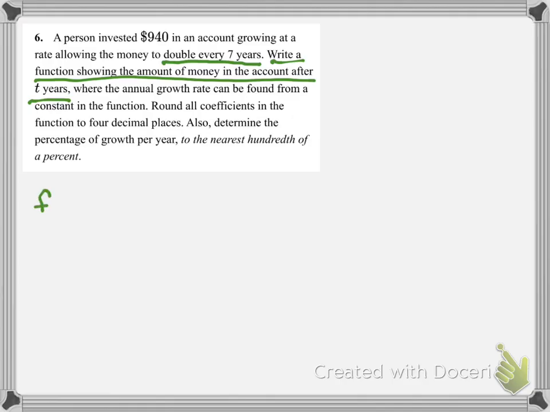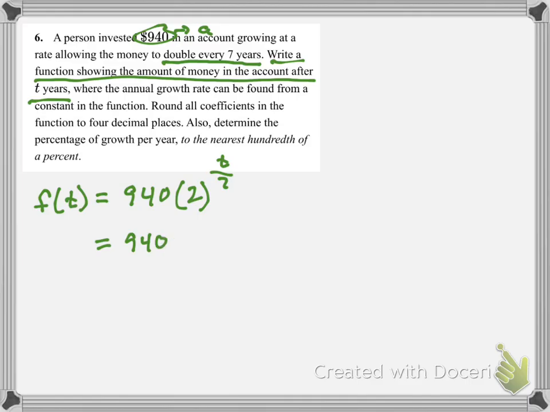So f of t equals, now a is 940. So 940 times, we're doubling, so that's 2, to the t over 7 years it takes to double. So just like in the last problem, 940 times 2 to the 1/7 power. And then t on the outside.